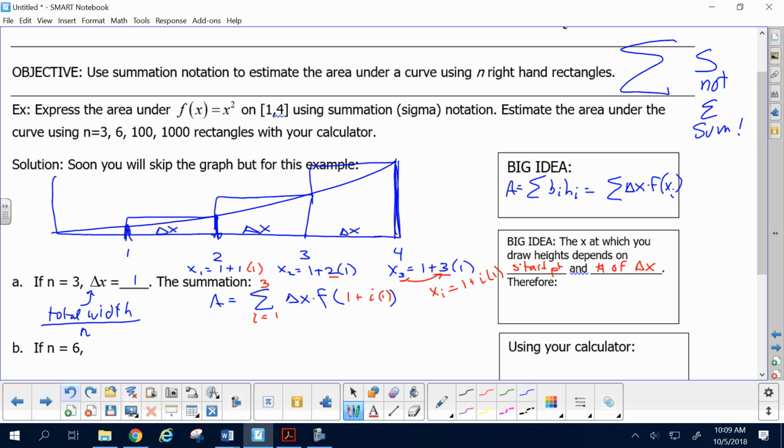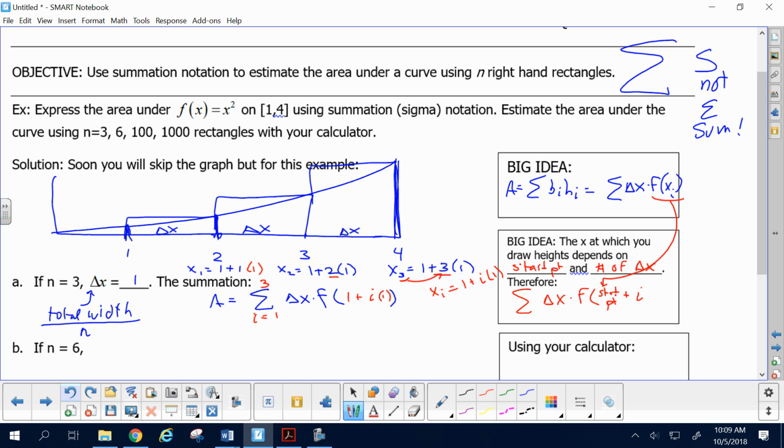And so the x sub i, the x at which you choose to draw a height, comes from the starting point plus some number of delta x's.